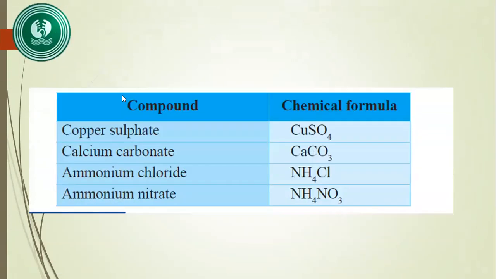Here in copper sulfate, the copper is the simple cation and the sulfate is the anionic radical. In ammonium chloride, ammonium is the cationic radical and chloride is the simple anion. In ammonium nitrate, the ammonium is the cationic radical and nitrate is the anionic radical. So you should concentrate on this type of possibility of ionic compound.